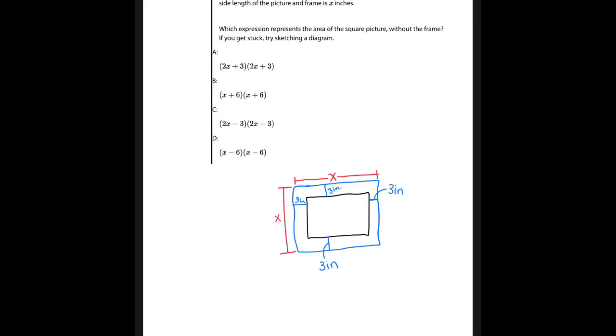If each side is x, and it's a square, to get just the picture you would have to do x minus 6, because there's 3 inches on each side. You take away 6 for both the length and the height. So here it would be x minus 6 times x minus 6.